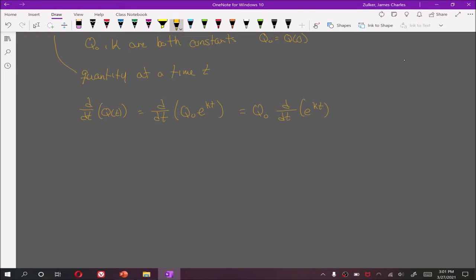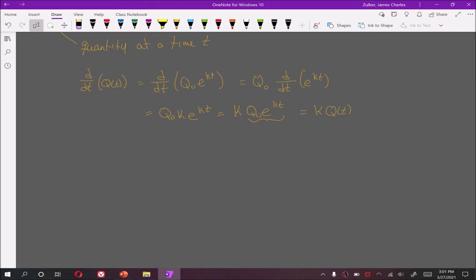And now we can use the chain rule to say this is Q naught k e to the kt. If we rearrange our terms a little bit, we can write k times Q naught e to the kt. But this term right here is Q of t, so this is just k times Q of t.